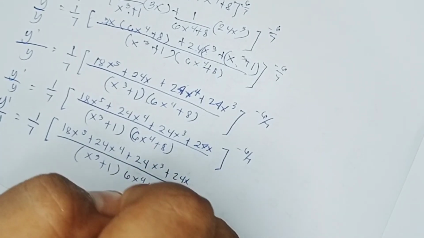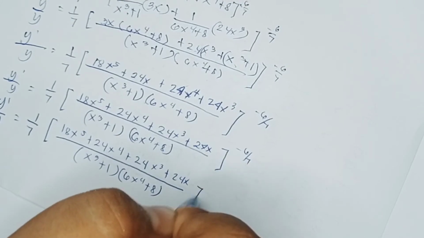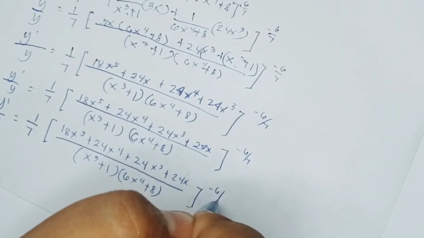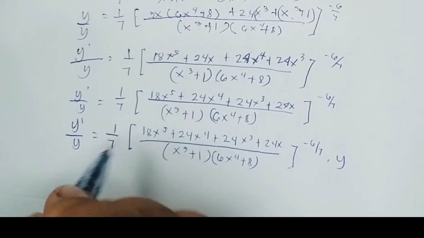6x to the 4 plus 8. It is called the process of rationalizing.